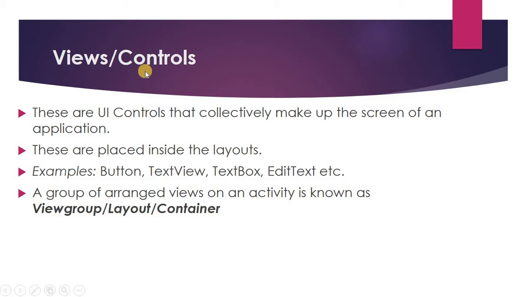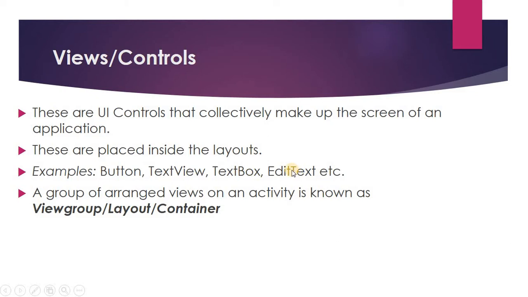These views or controls are placed inside layouts. What is a layout? We are going to discuss layout shortly. Layout is an arrangement of user interface controls. We can place buttons, text views, text boxes, all these combinations.